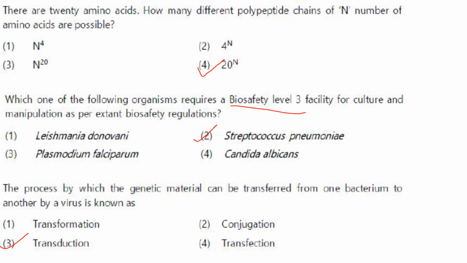So out of these options, Streptococcus pneumoniae is an airborne one. So it requires biosafety level 3 facility for culture and manipulation. So the answer here is option 2.